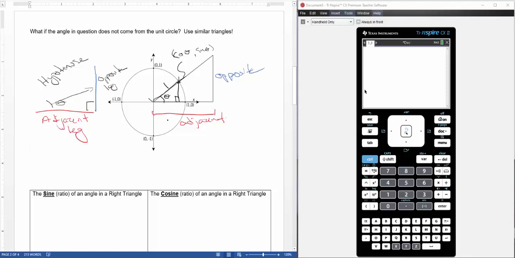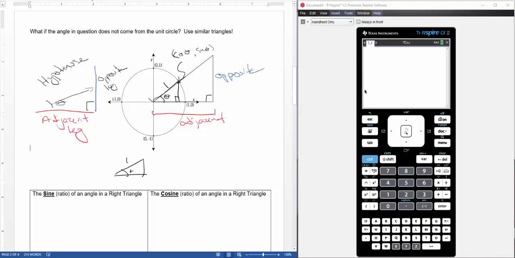So what I end up getting is two triangles that are both right triangles, so they both have a 90-degree angle, and they both share this angle theta. Therefore, these triangles are similar, which means I should be able to set up some proportions based on the side lengths. I'm going to redraw these two triangles here. I've got the little small triangle with angle theta, radius 1.